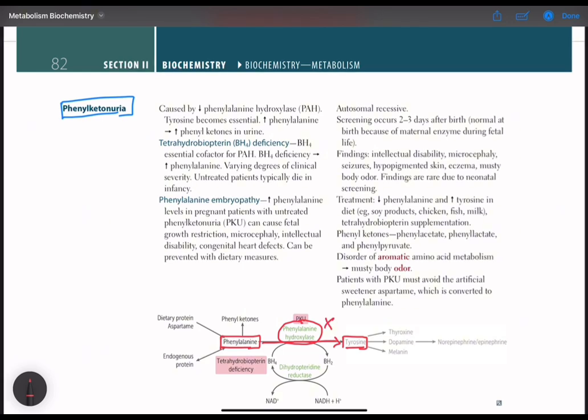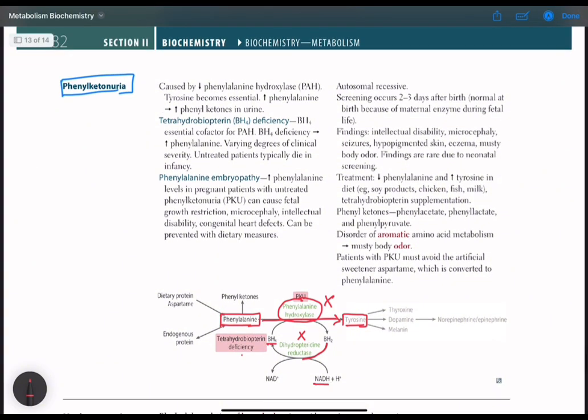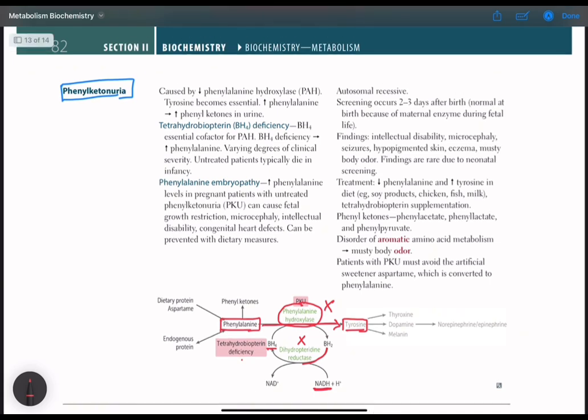But in the other type of phenylketonuria, the tetrahydrobiopterin deficiency, we have a deficiency of dihydropteridine reductase, which converts dihydropteridine into tetrahydrobiopterin using NADH.